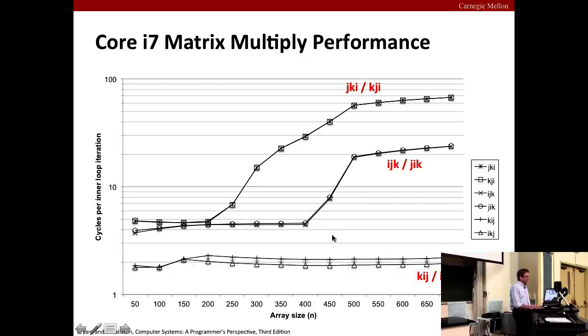The IJK pattern, the intermediate one with 1.25 misses, is in between. And JKI, which has 2 misses per iteration, is the worst. What's interesting is that with just a little simple analysis, we could actually predict what this graph would look like.